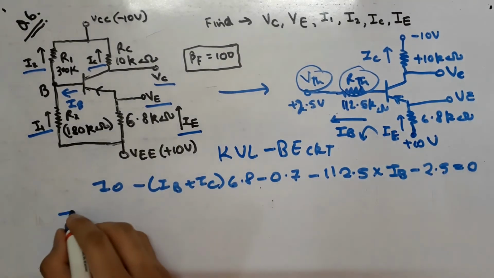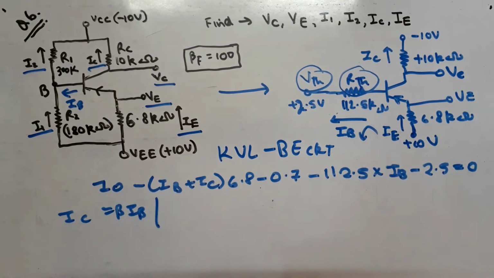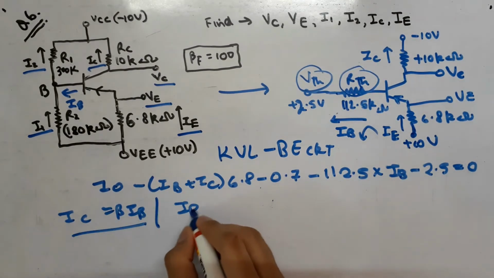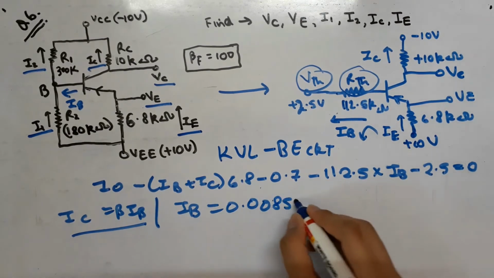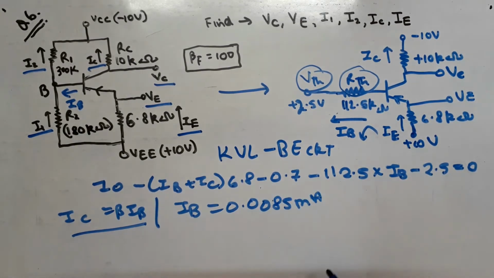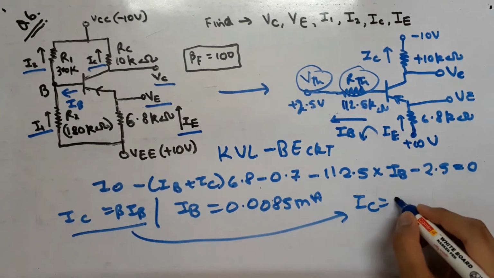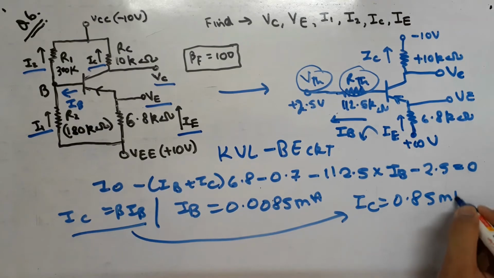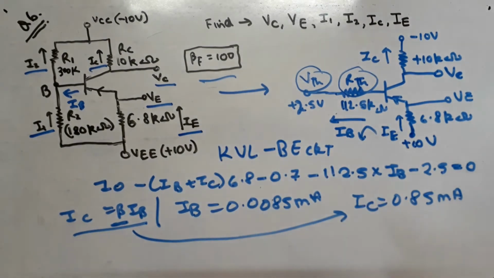Here we will use IC as beta into IB, and by using this we will get the value of IB as 0.0085 milliampere, and using this we will get the value of IC as 0.85 milliampere, as value of beta F is equal to 100, which is given in the question.